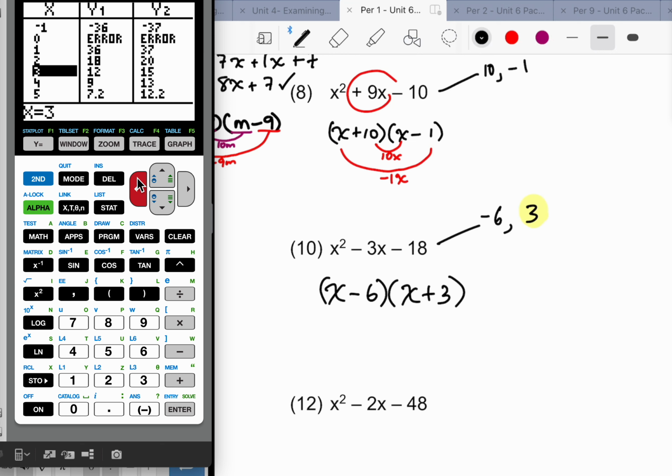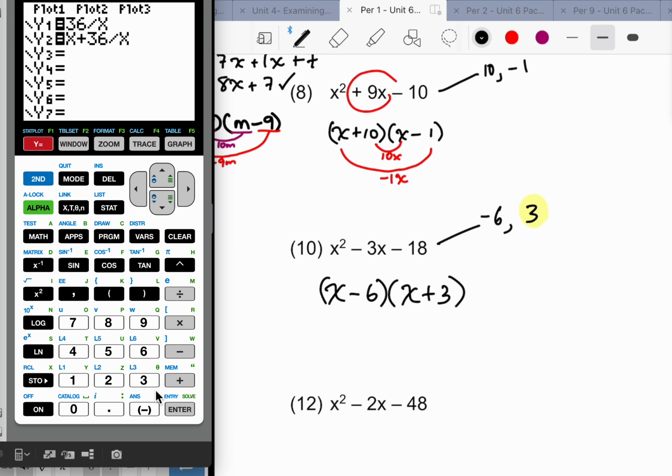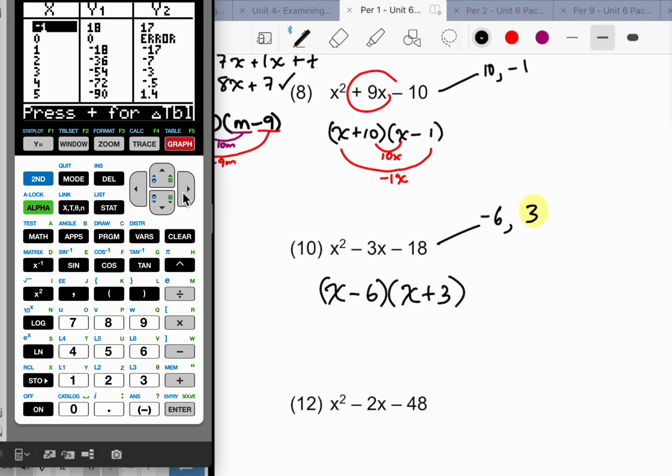In this one, if I was really at a loss, I'd go to my calculator. Let's get a negative 18 in there, go to my table and look for a negative 3. Oh, there it is.